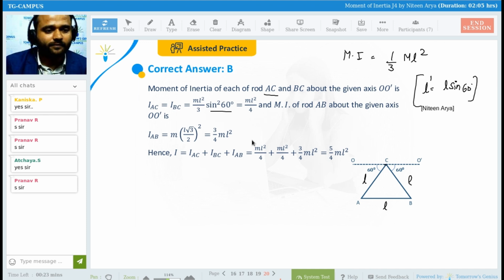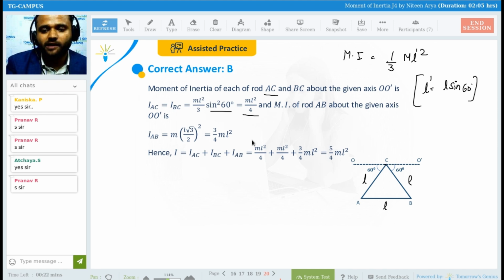Is this clear now, everyone? For AC and BC, the L prime we can put here is L sine 60 degrees, and that is why IAC and IBC are each mL square by 3 sine square 60 degrees, which converts into mL square by 4.